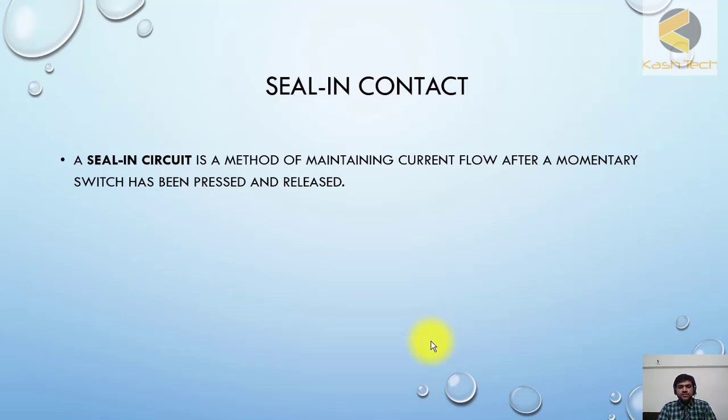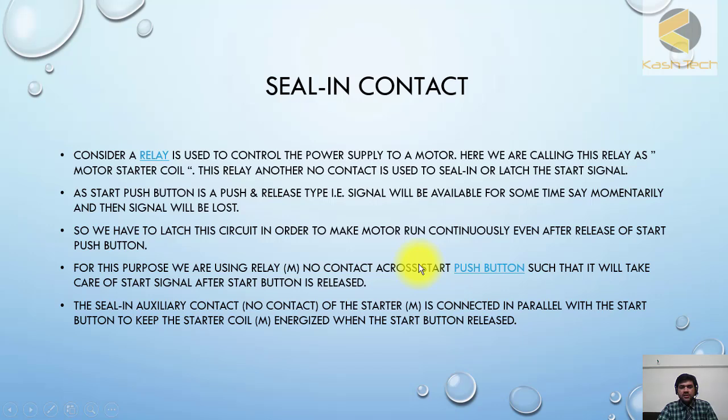So with one push button it energizes and remains energized even after I release this button, and with another push button it is released. What am I doing when I press a push button? I am using the normally open auxiliary contact of the relay to latch in or seal in the status of the contactor.